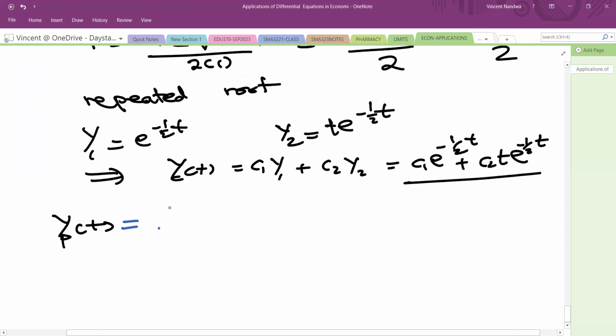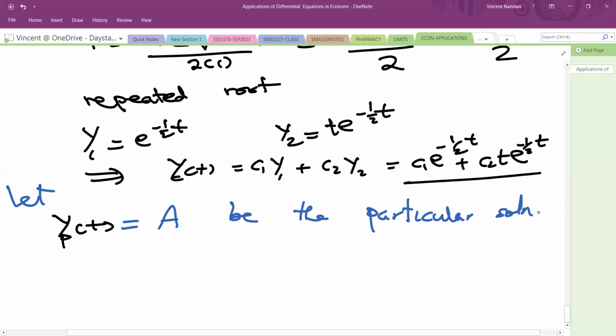So we let yp be, say, A. Then yp prime will be 0, and yp double prime will be 0.